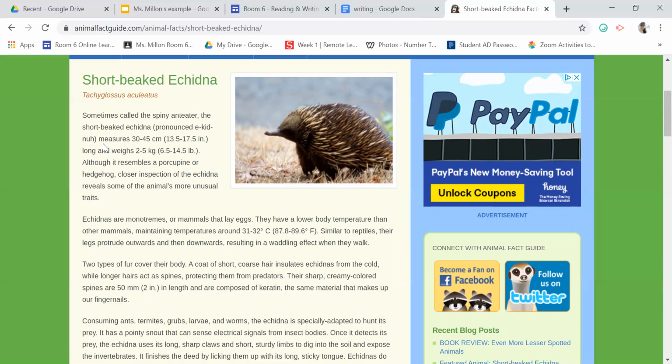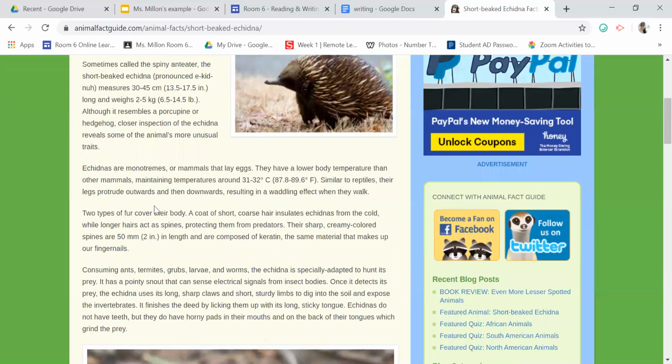Not quite. There's a lot of interesting facts in there. I might go back and add some things about their description, because the author's describing how much they weigh, how long they are, and that they look like a hedgehog or a porcupine, but they're not really telling me anything about their adaptations. So I'm going to continue reading. Nothing in that section is relevant to my research questions today.